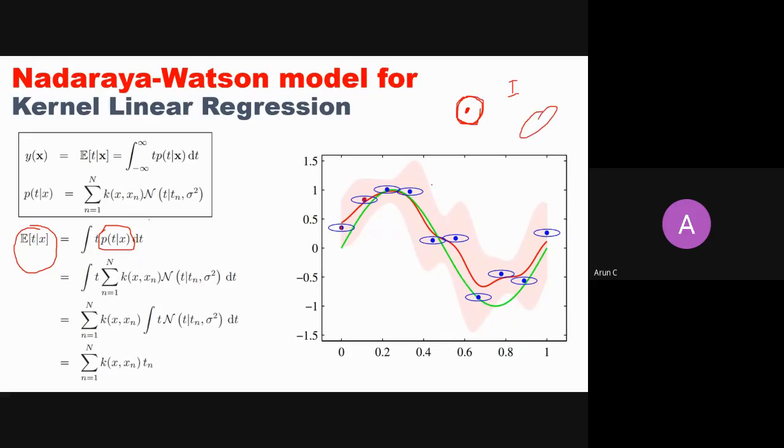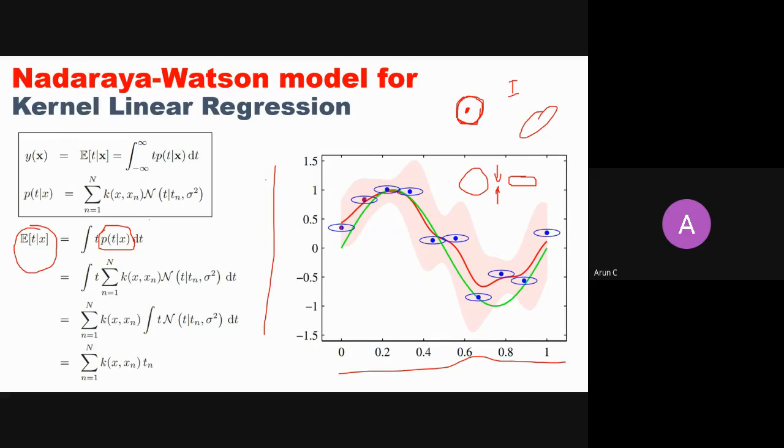This is shown as an ellipsoid because the scale is not the same. This vertical scale is a bit compressed, so the circle which you should see like this is shown like this, because it is compressed in this direction.